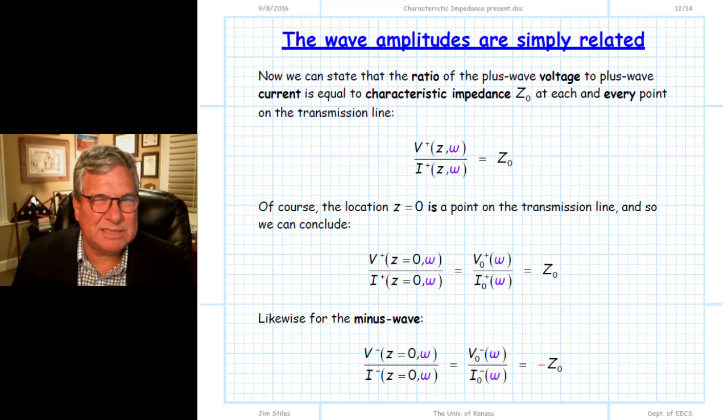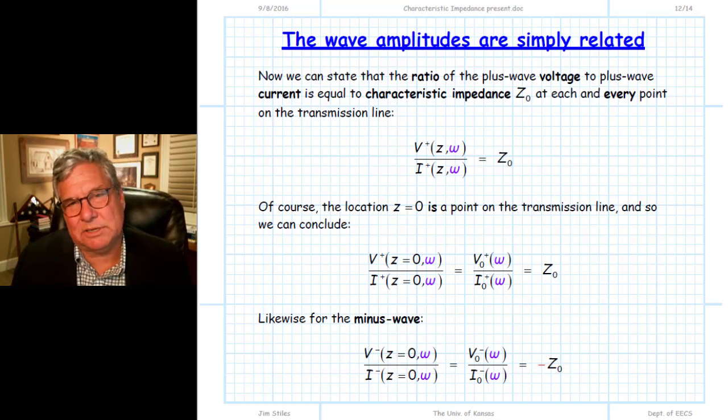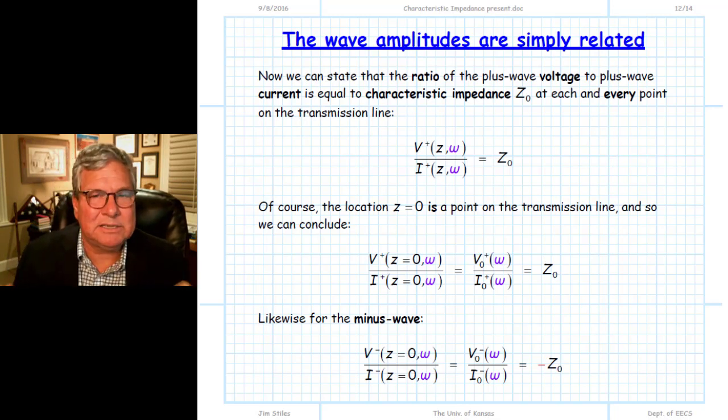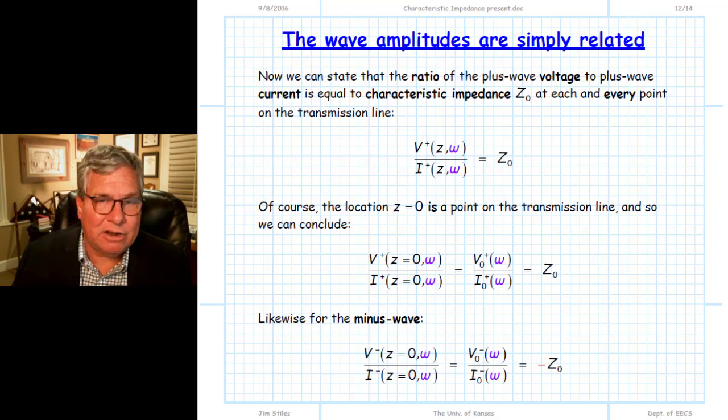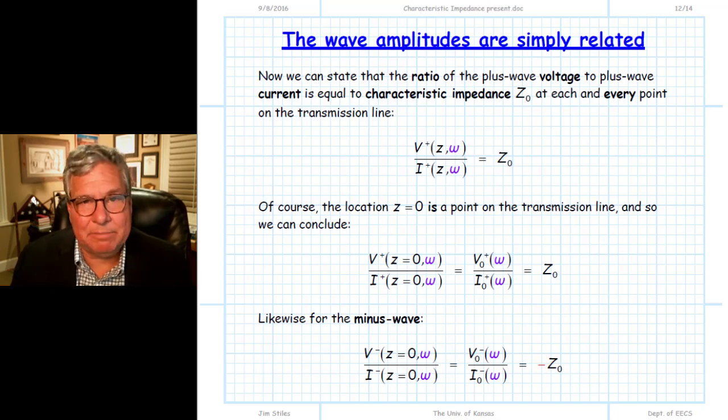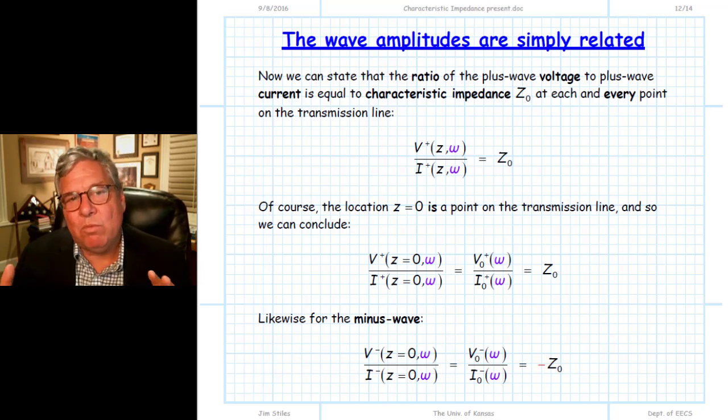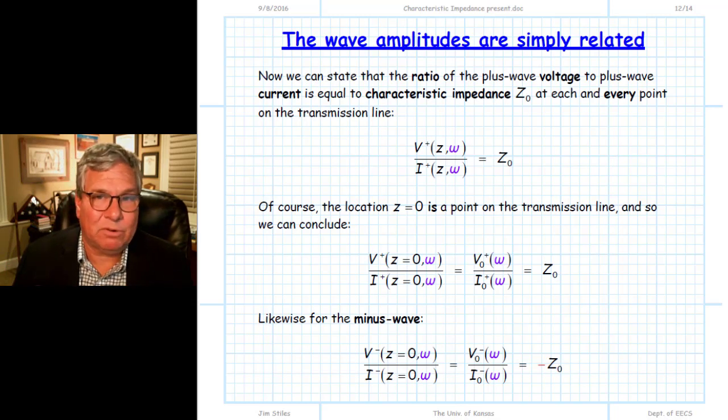And what characteristic are we trying to express with the characteristic impedance? Well, really what Z0 does is this. If we take our transmission line and we propagate a single wave down that transmission line, either way, it will produce a voltage and a current simultaneously, V plus and I plus, or if it was going the other way, V minus and I minus. And the question is, in what ratio does it create voltage and current?